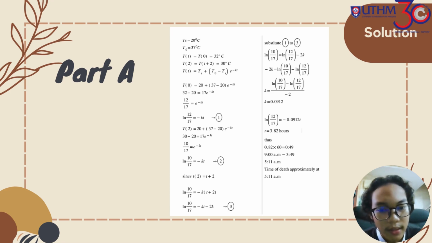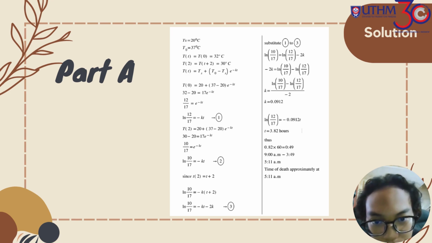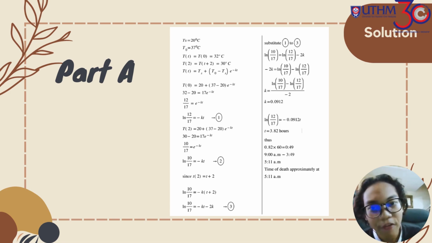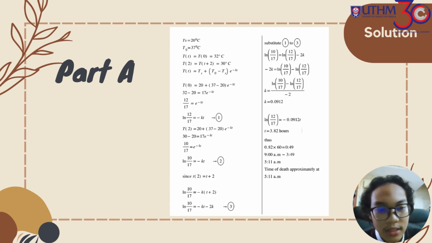We just substitute the values into the formula. We get 32 minus 20 equal to 17 e to the power of negative kt. So we simplify the formula, and it will give 12 over 17 is equal to e to the power of negative kt.